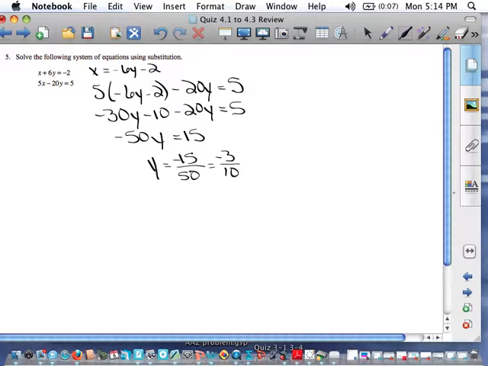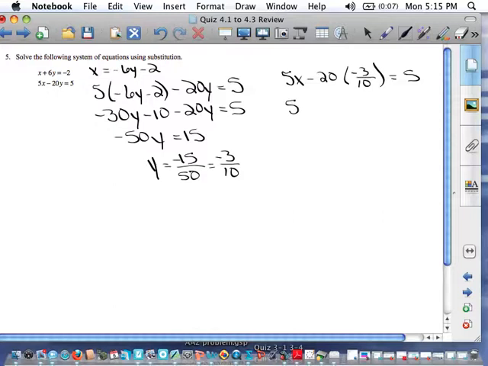Now you have to find the x value, so substitute negative 3/10 for y back into one of the equations. The first one looks like a nice place to substitute that. Actually, let's look at the second one. That one looks a little nicer. So I have 5x minus 20 times negative 3/10 equals 5.